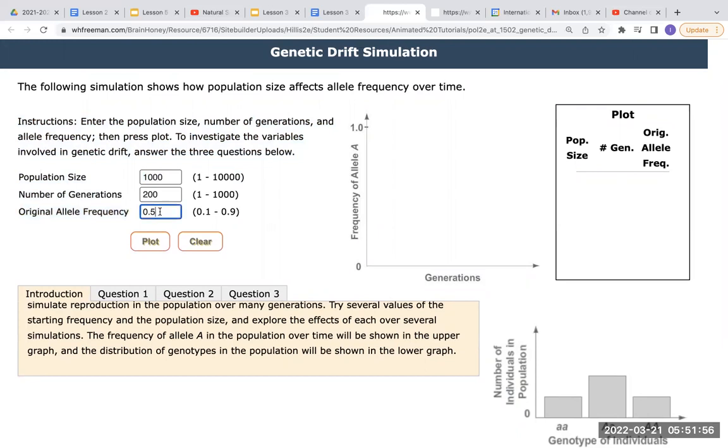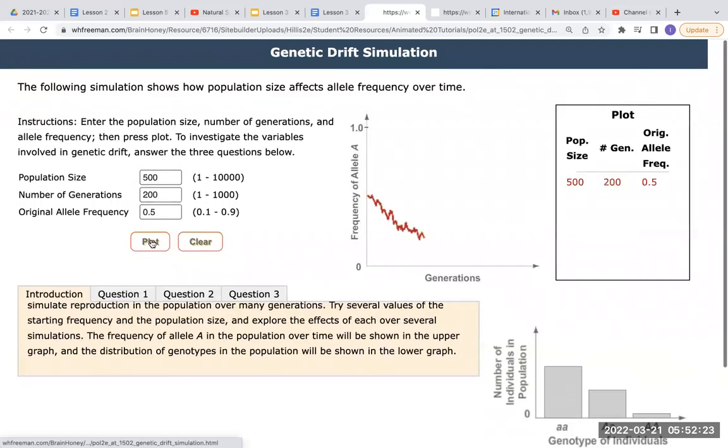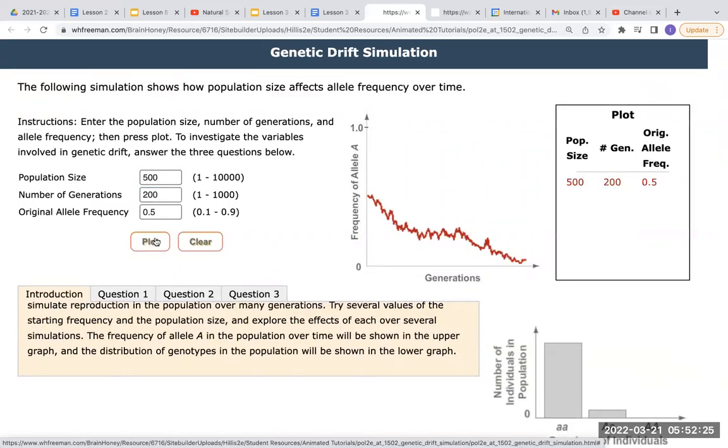So I'm going to be very fair and set it at 0.5, meaning that 50% of them will be big A, and the other 50% will be little a. And population size, maybe I'll set it to 500. And for the number of generations, I'm going to run it for 200 generations. And then I can click plot and it would look like this.